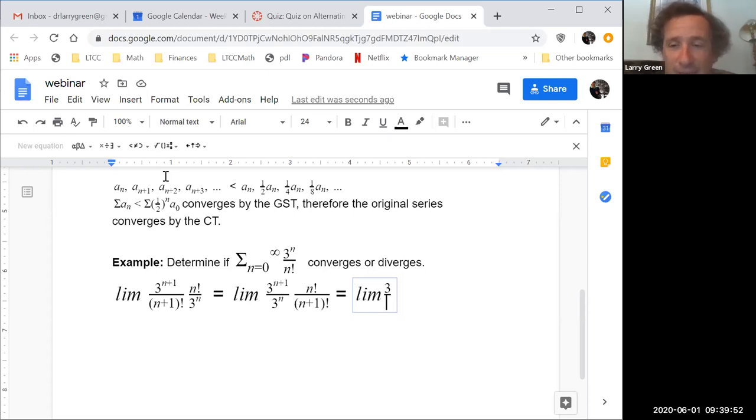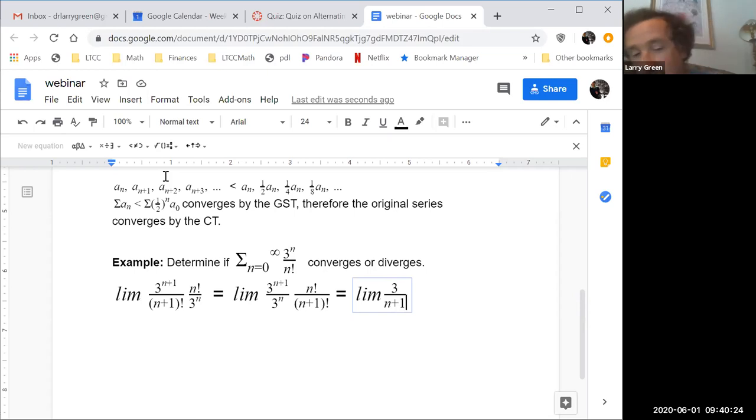What are you left with? Yeah, 1 over n plus 1. And that's why, by the way, the ratio test works so well for factorials, because factorials wonderfully simplify when you divide n factorial by n plus 1 factorial. Any questions at all on the algebra that just happened?